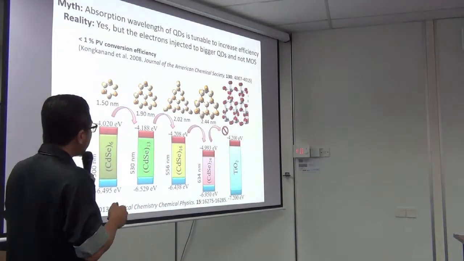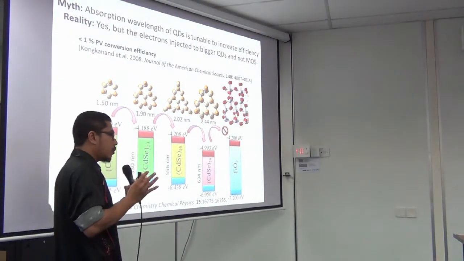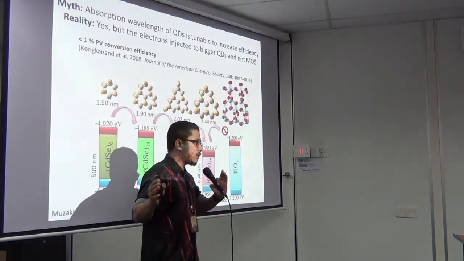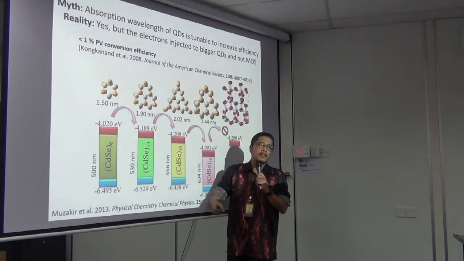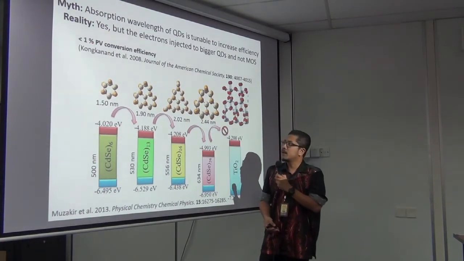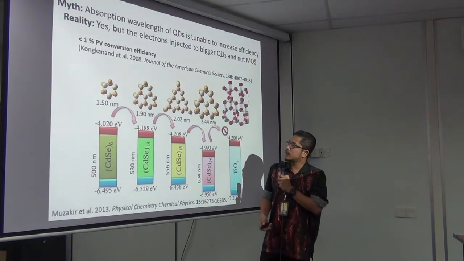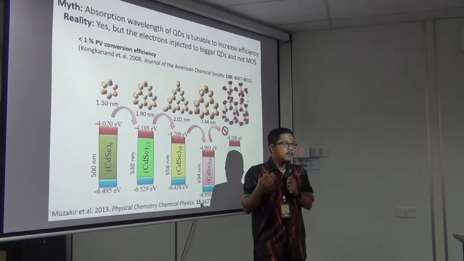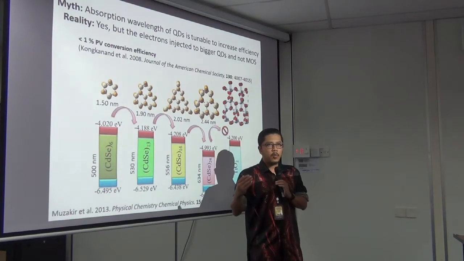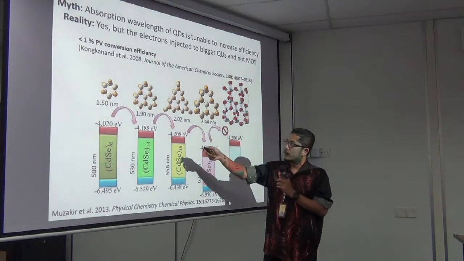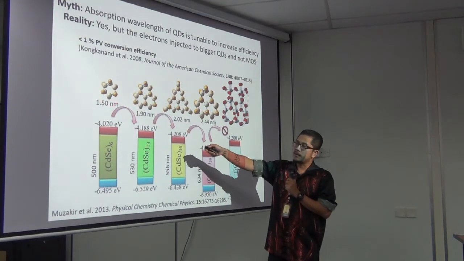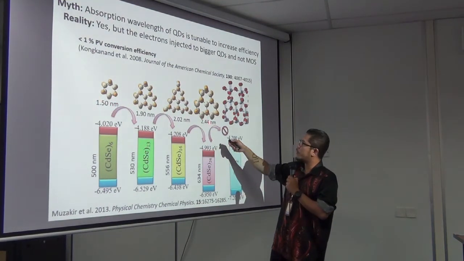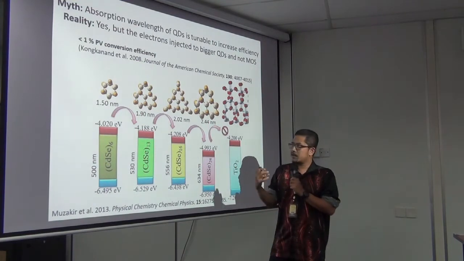His effort could indeed widen the absorption cross-section. However, his device only showed less than 1% photovoltaic conversion efficiency. What he did was use different sizes of quantum dots, for example 1.5 nanometer CdSe until 2.4 nanometer CdSe. What was his idea?